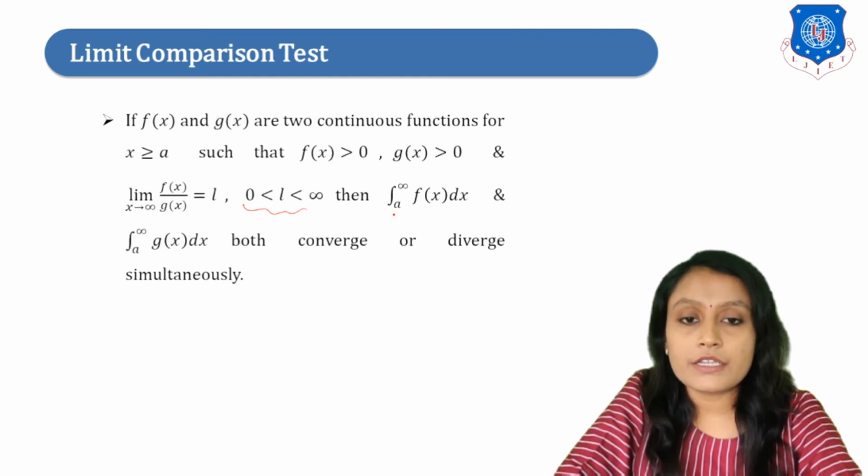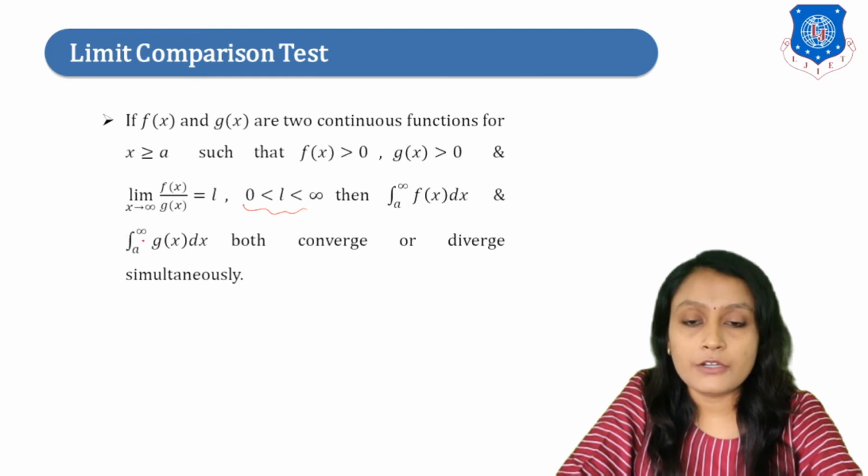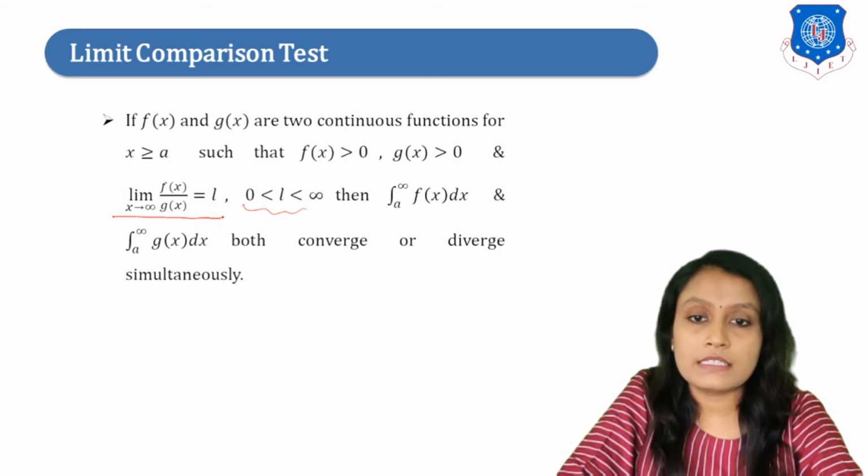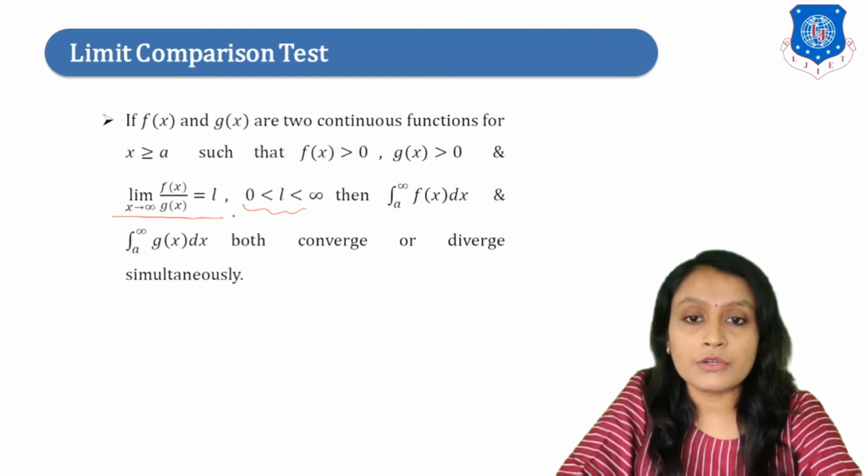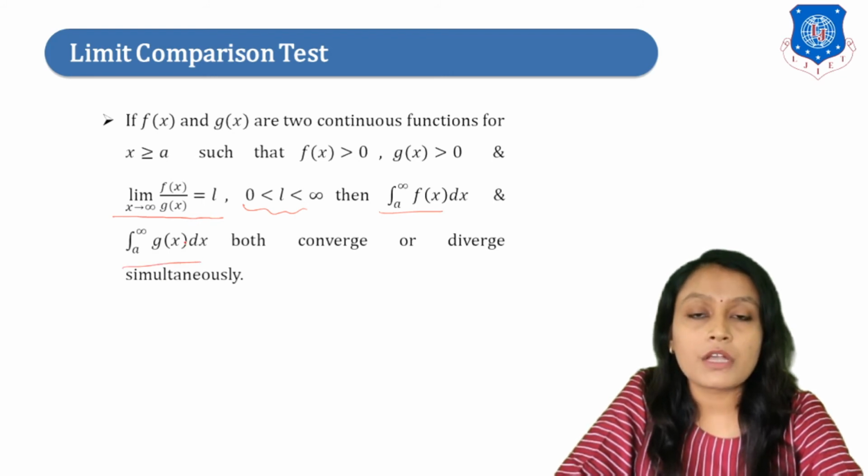Then this integration a to infinite f of x dx and integration a to infinite g of x dx both converge or diverge together, right? So firstly what we have to do is find this limit, and the answer of this limit should be a finite and non-zero term. Okay, then we can say that both the integrals will converge or diverge together, right?